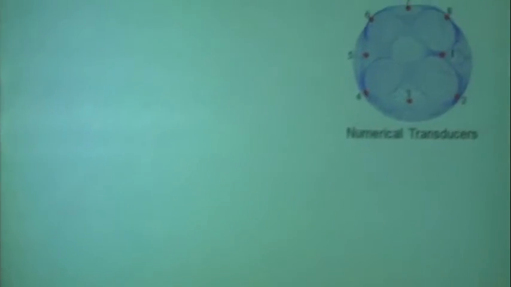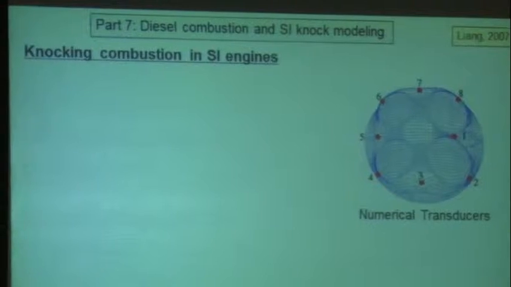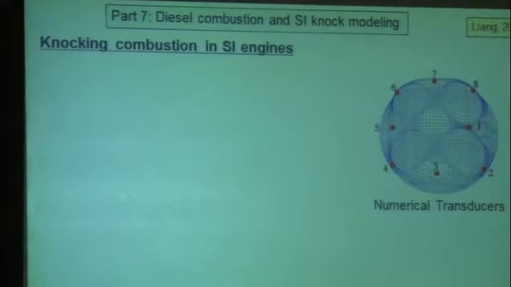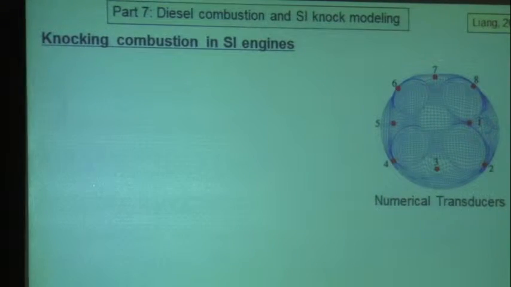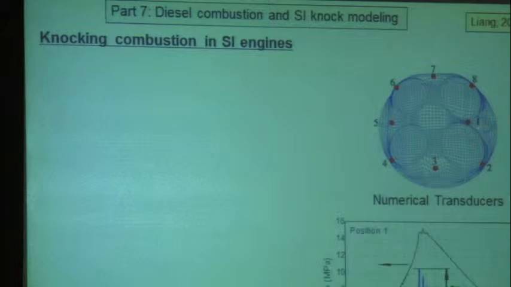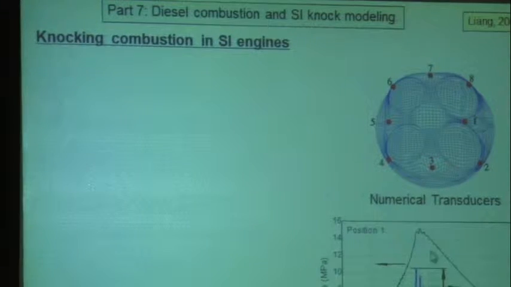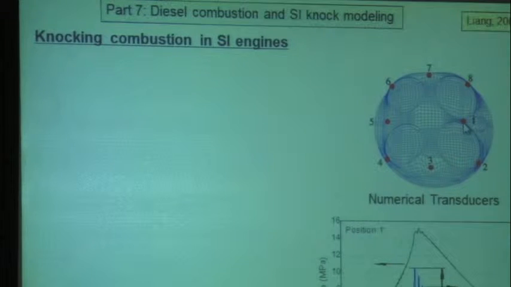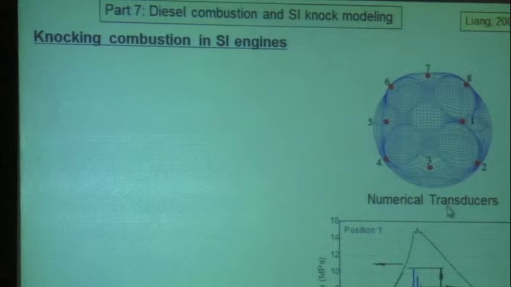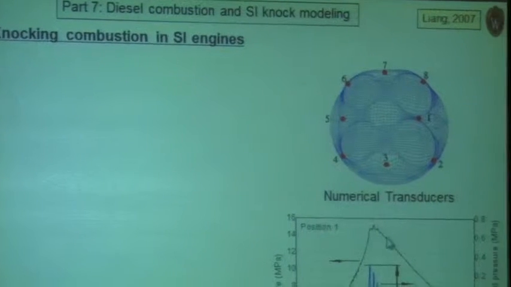In that same engine I just showed you, the Pentroof engine, we monitored the pressure in the combustion chamber at a variety of points we call numerical pressure transducers, if you like. In the cell adjacent to each of those locations, we could monitor the cylinder pressure. If we look at position 1, between the exhaust valves here, you see that there are some wiggles in the pressure trace.